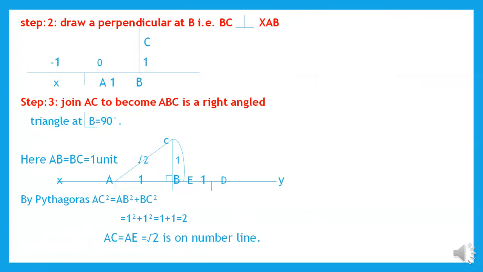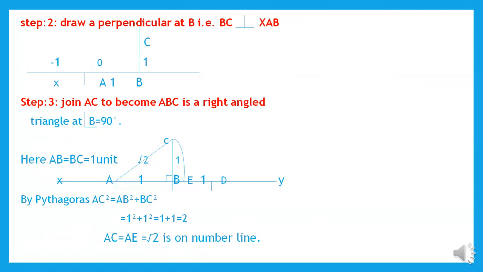Here AC is your hypotenuse. So AC square is equal to AB square plus BC square. Then substitute the values: 1 square plus 1 square, 1 square means 1. 1 plus 1 is equal to 2. Then your AC is equal to root 2.